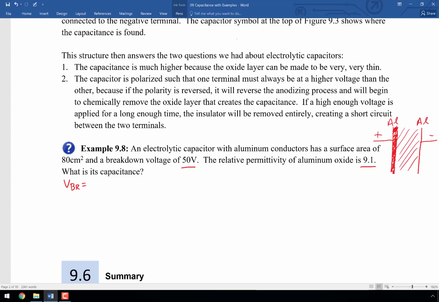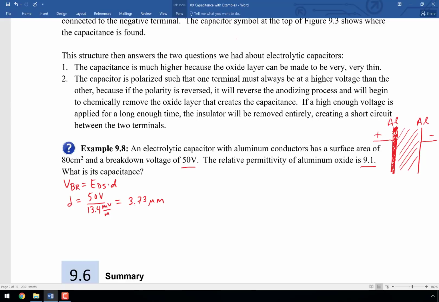So V sub BR is equal to E sub DS times D, and therefore D is equal to 50 volts, the breakdown voltage, divided by 13.4 megavolts per meter, and this works out to be 3.73 microns.